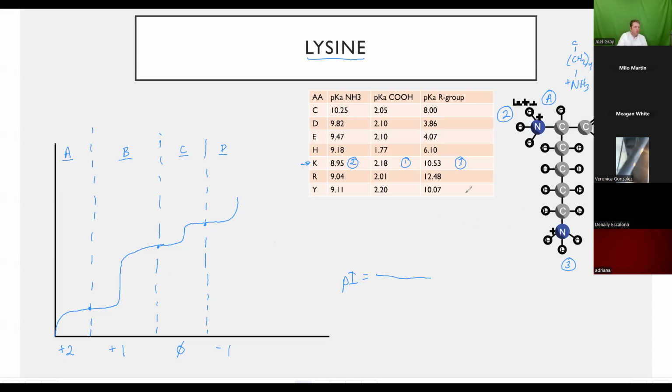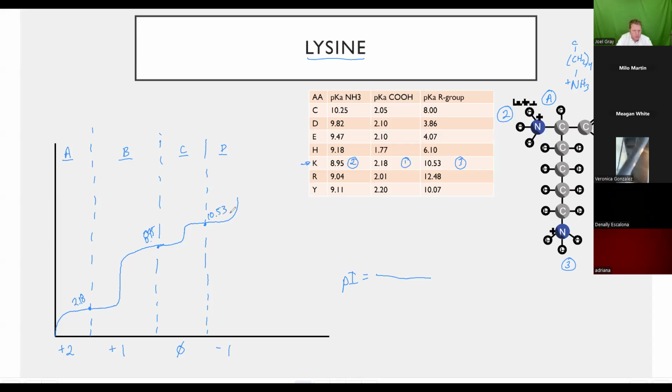Awesome. So one way that you could look at that is, well, let's see our pKa values. So we've got 2.18, 8.95, and then 10.53.